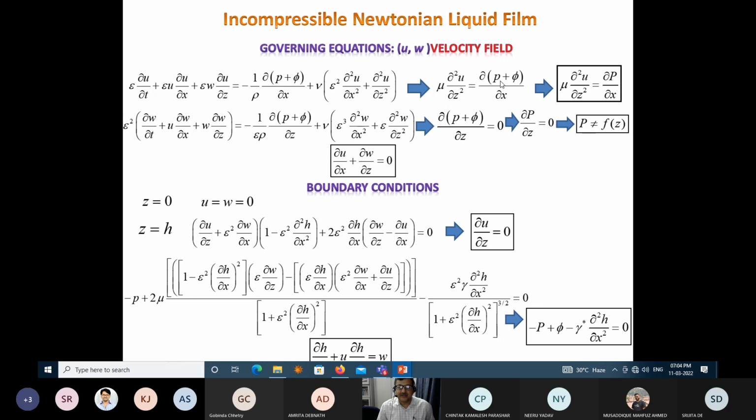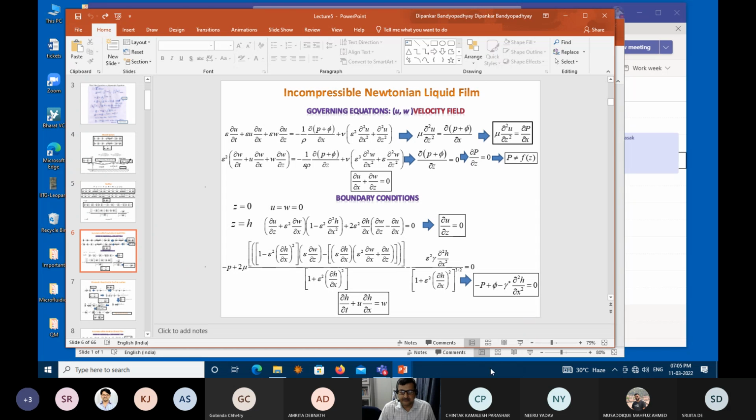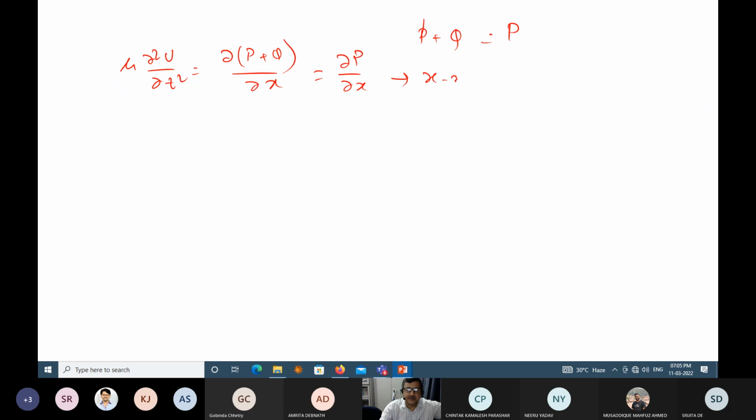Mu del square U by del Z square is equal to del P plus phi by del X, and del P by del Z equal to 0, where P is a function of Z. So essentially, if I just start accumulating all the things which are irrespective of the epsilon terms, I will get a set of equations which will look like this: mu into del square U by del Z square is equal to del of P plus phi by del X. Now small p plus small phi, I call as capital P, which is equal to del P by del X. This is my X momentum equation.